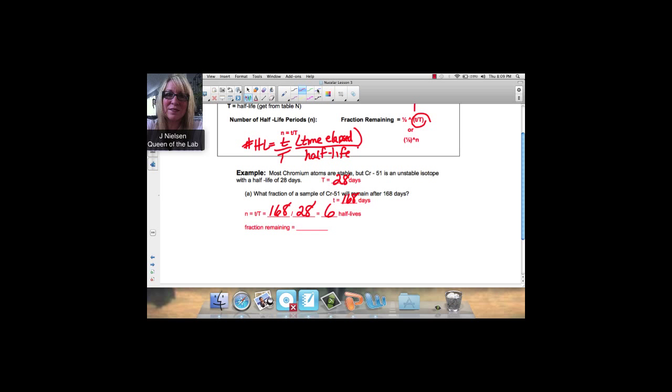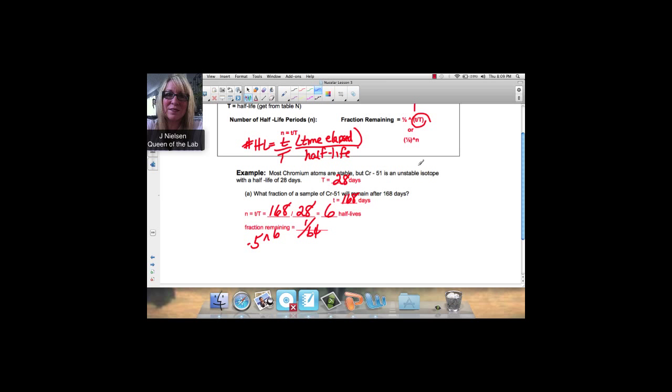And then the fraction remaining would be 1/2, or 0.5, raised to the 6th power, which gives us a decimal, which if we change to a fraction is 1/64.